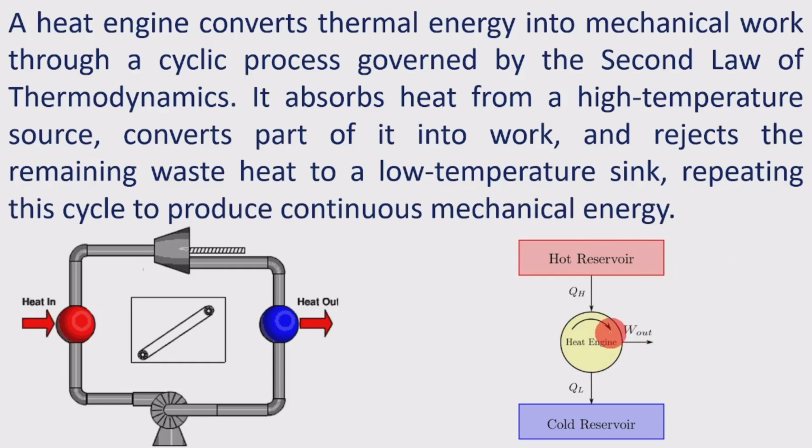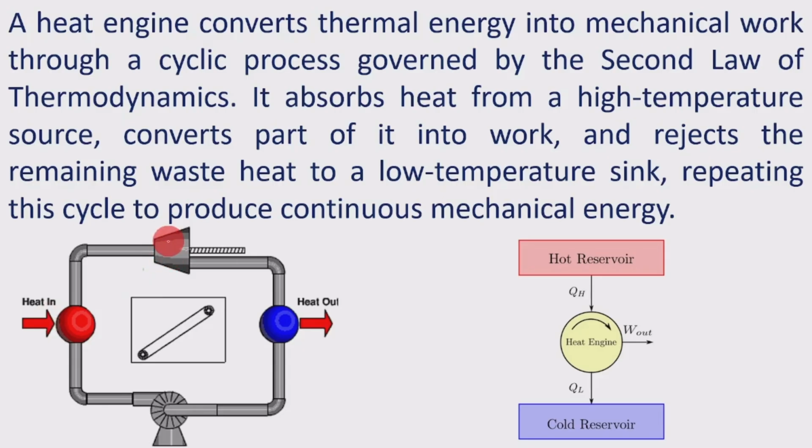Here, the heat engine receives heat from the high temperature reservoir and converts part of that heat into work, and the remaining waste heat, which is not converted into work, is rejected to a cold reservoir or a low temperature reservoir. Here the heat engine consists of a heat source and a turbine or a reciprocating engine.